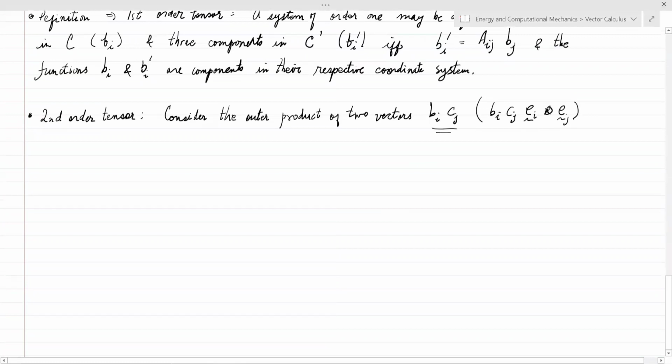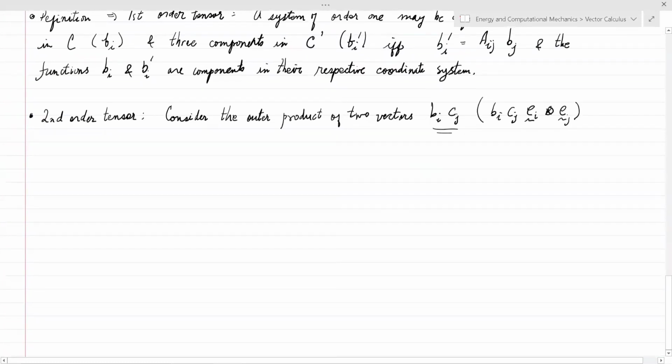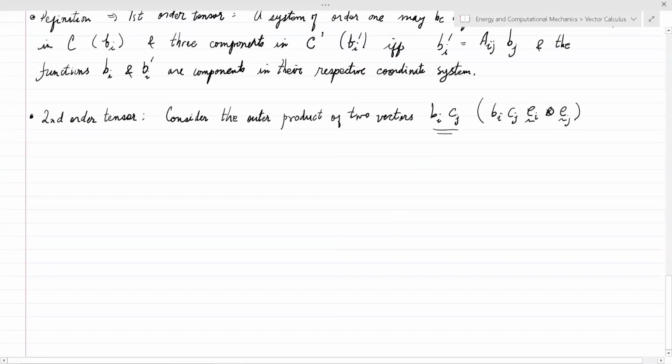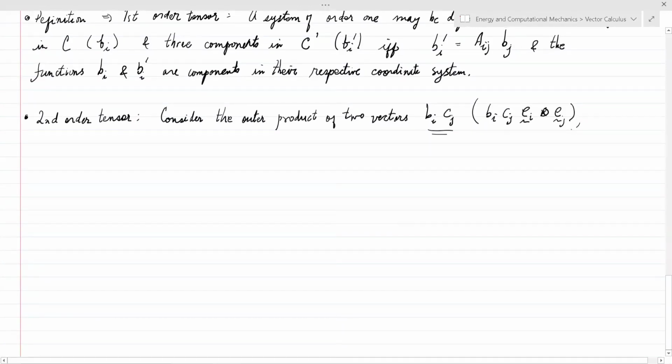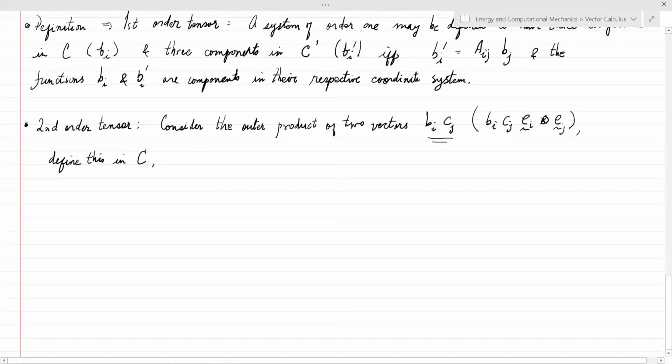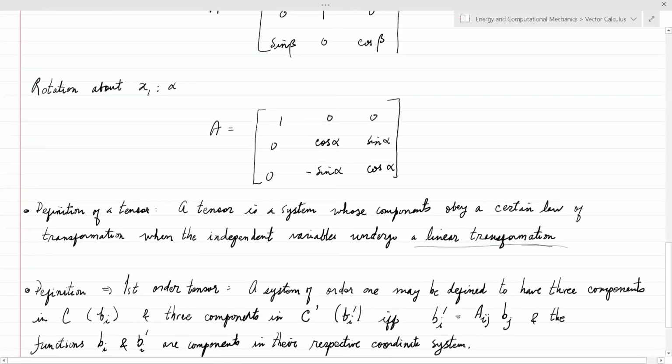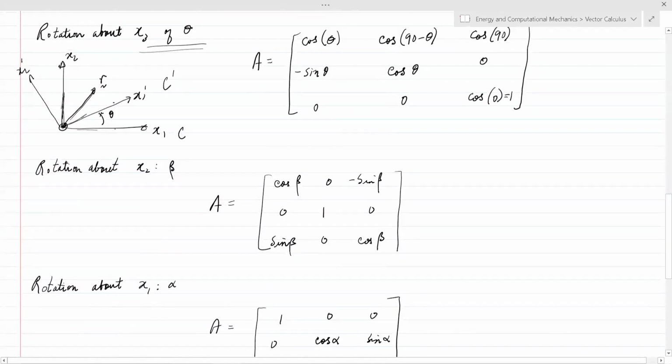Okay, and so if I consider 2 vectors of this manner, the component of this system in a different coordinate system will look like this. So I define this in C, sorry, not C prime, but C, which is this right here, this C right here, the one here.